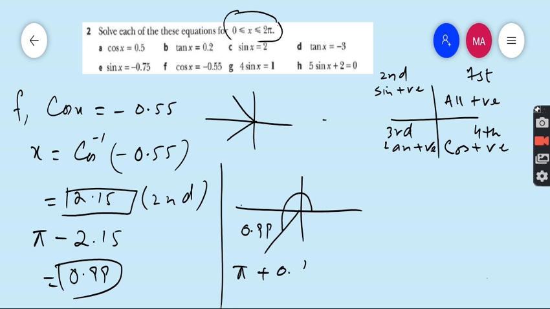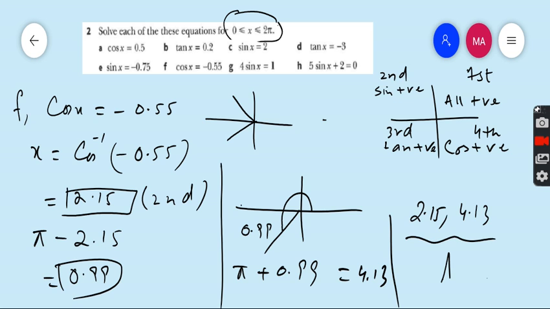So pi plus 0.99 is 4.13. So first angle is 2.15, second quadrant value, and second is 4.13, third quadrant value. If you have any doubt, find the value of cos 2.15, find the value of cos 4.13, you will get minus 0.55. Come to part G.